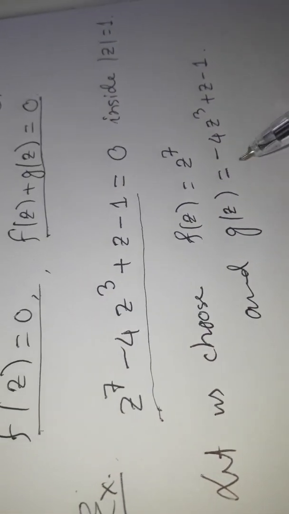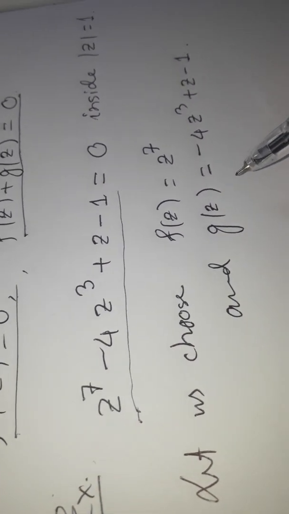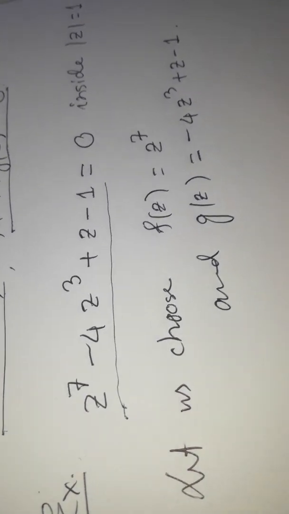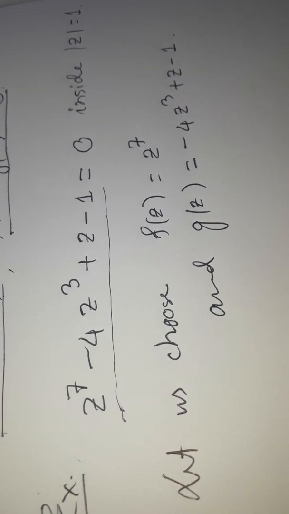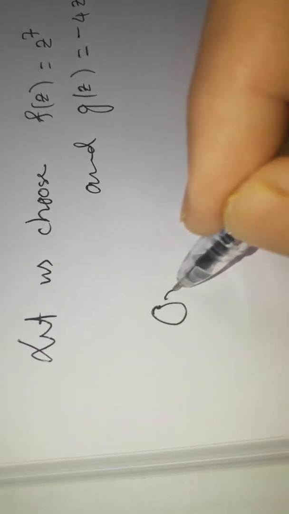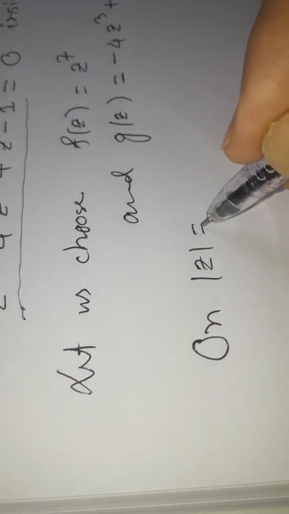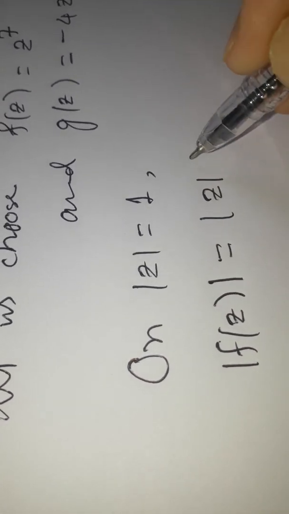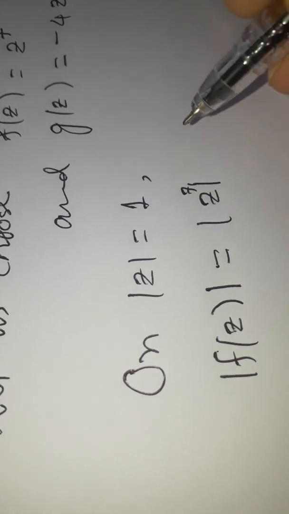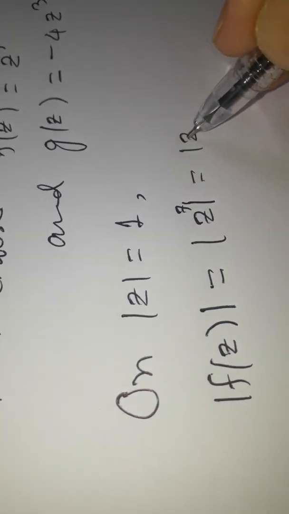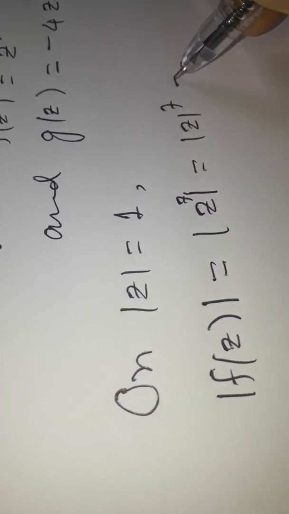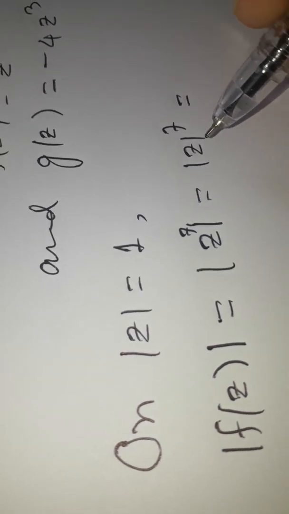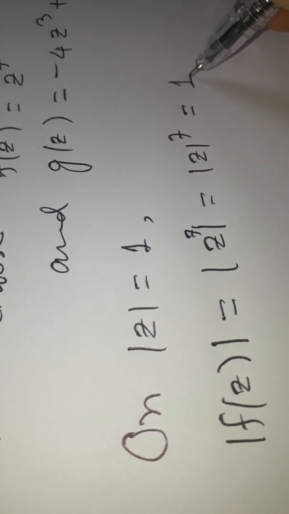Now for these two functions, can I apply Rouche's theorem? On mod z equal to 1, modulus of f(z) is modulus of z to the power 7, and because mod z equals 1 on C, this is just 1.